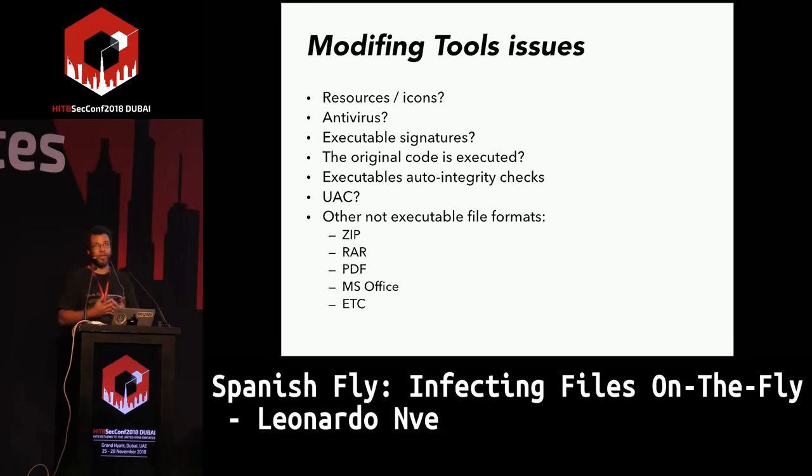So the target will detect the infection or will be suspicious about that. And in a real attack, in a red team or wherever, the attacker doesn't want to be detected. Antivirus also, and we are going to see that later: the methods of infection are normally detected by antiviruses. The signatures of the executables.